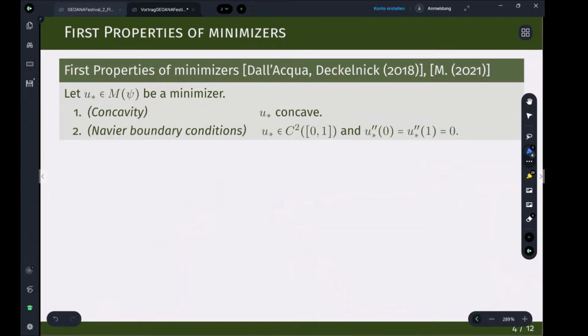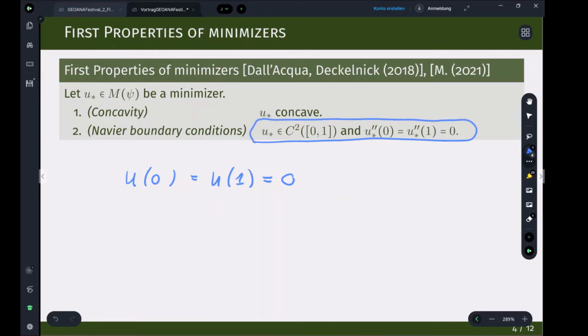And the other property is that minimizers have natural boundary conditions in a way. So we only required up to now the two boundary conditions, namely that we fixed the ends, right? So we fixed u(0) equals u(1) equals 0. But for a fourth order equation, we basically can fix 4 conditions, and therefore 2 conditions come up naturally. And this is that the second derivative at the points 0 and 1 also vanishes.